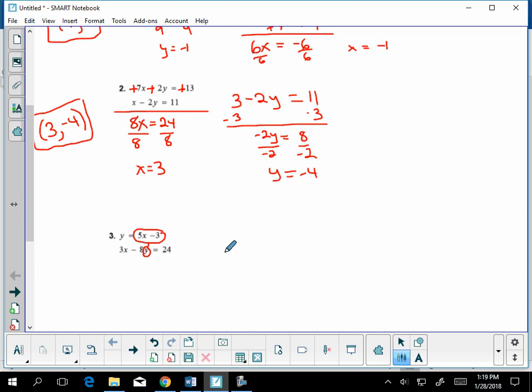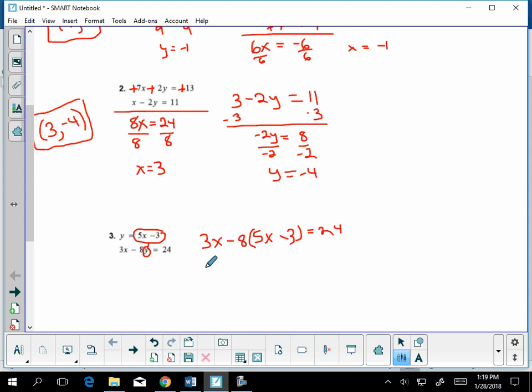So go ahead, rewrite that bottom equation. 3x minus 8y equals 24. But remember, we're not writing y, we're writing 5x minus 3. Be really careful. It's easy to make a mistake with that sign.